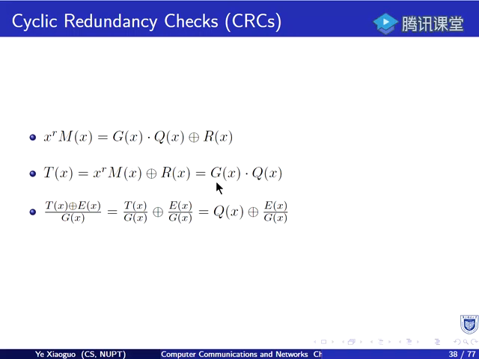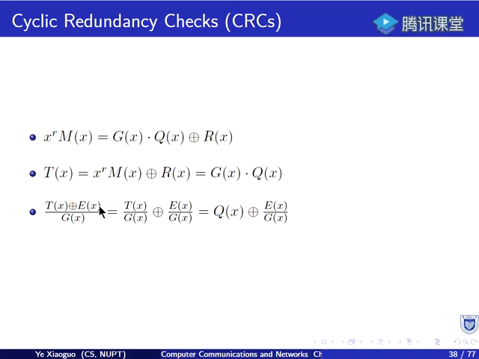And we get G(x) times Q(x). Then T(x) must be divisible by G(x) because there's no remainder, right?